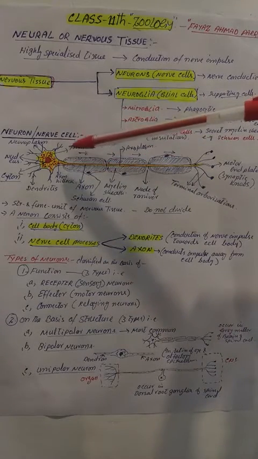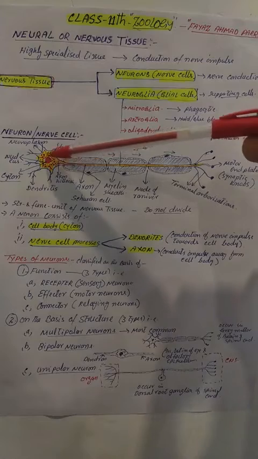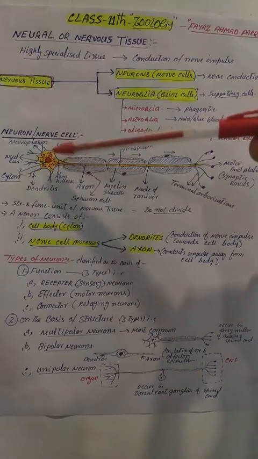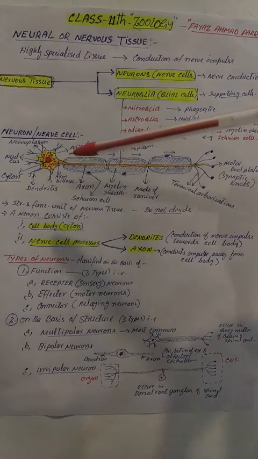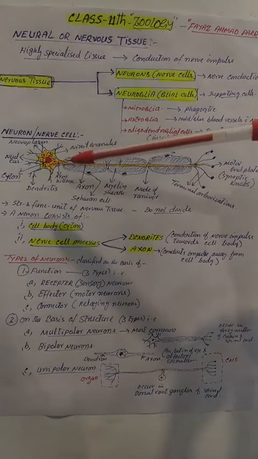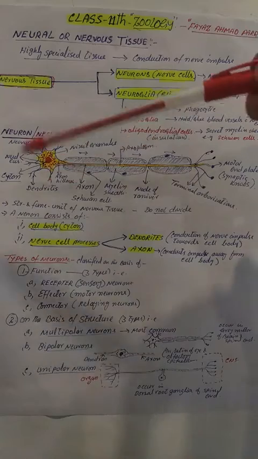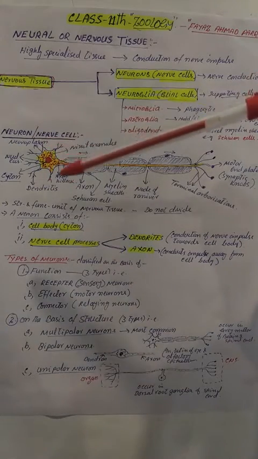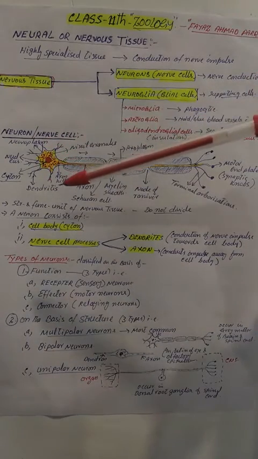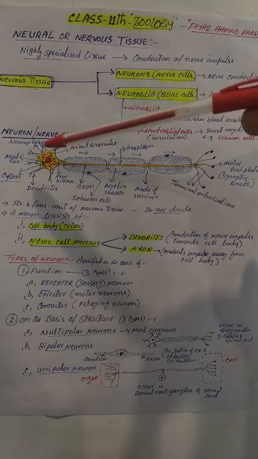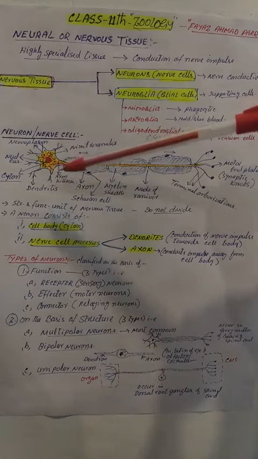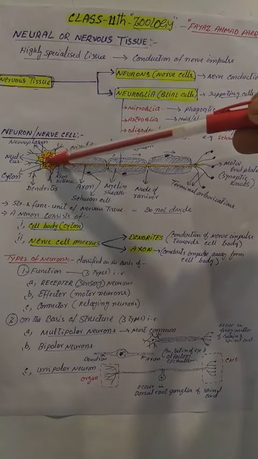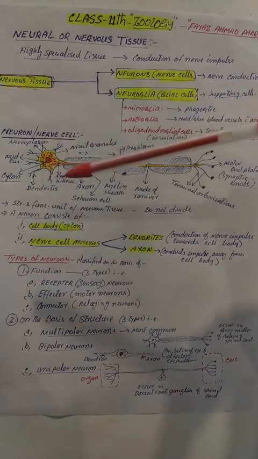A neuron consists of, number one, the cell body or cyton. The cyton or cell body varies considerably in size and may be rounded, oval or pyramidal in shape. Its cytoplasm is called neuroplasm and possesses a large spherical nucleus in the center, as you can see here.